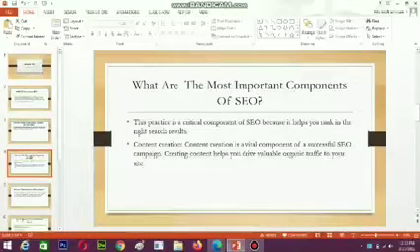What are the important components of SEO? What are the most important and focused components of search engine optimization? This practice is a critical component of SEO because it helps you rank in the right search results. You all can read that. For example, content creation. Content is the main component of search engine optimization. Content creation is a vital component of a successful SEO campaign.